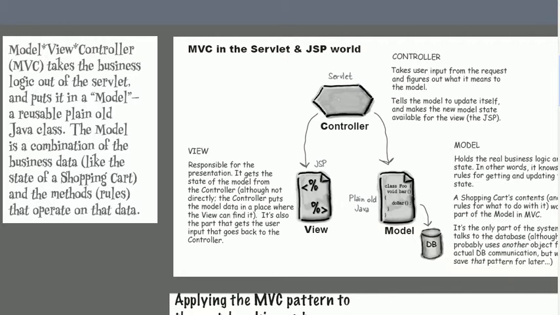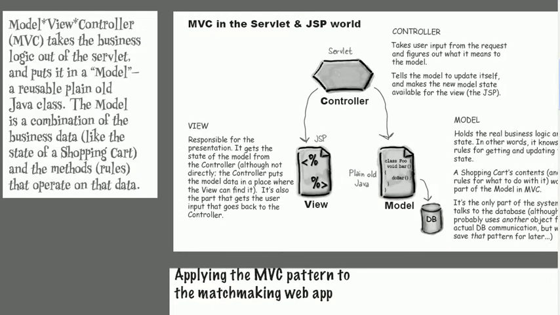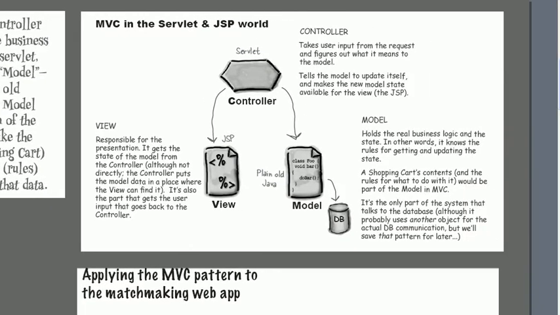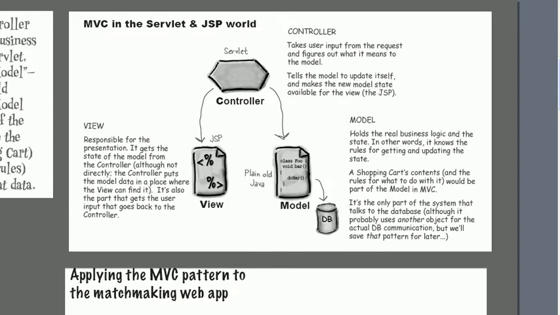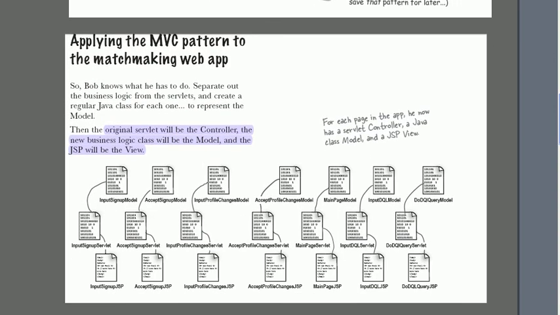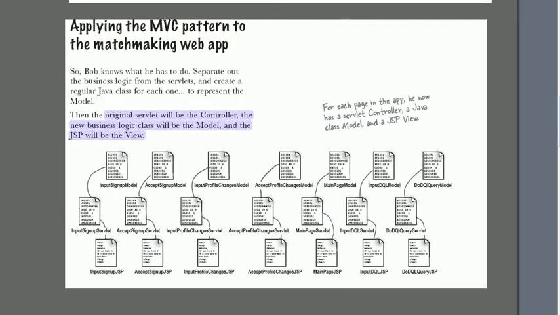And then after it's done, it would send the results to the servlet, which would forward it to the view, which in turn forwards the view to the browser. So if you were to use the MVC pattern for the previous example, the original servlet will be the controller, the new business logic class will be in the model, and the JSP will be in the view.